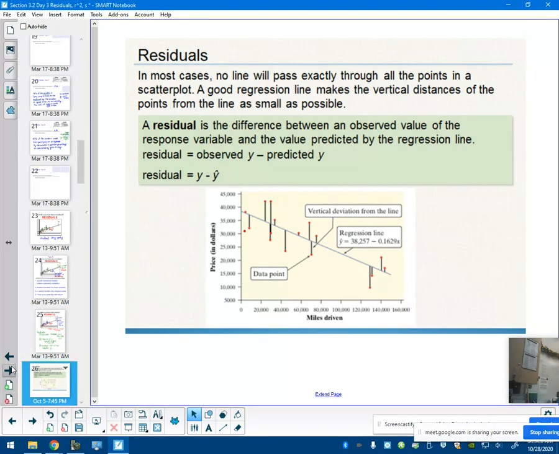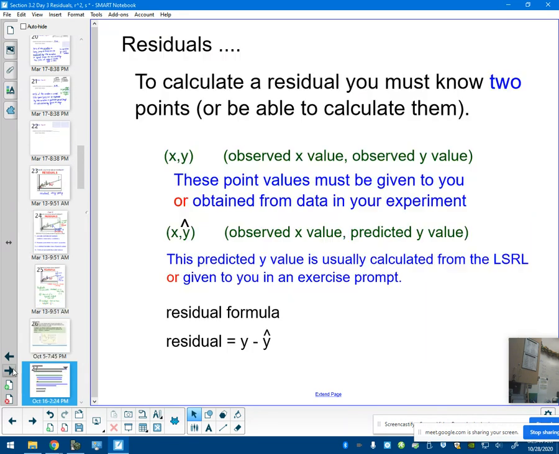So here is the same thing, just electronically, a picture of that. The residual is the y minus the y hat. Remember yesterday we talked about letter values being observed values, hat values being predicted, and bar values representing the averages. And this is at the bottom of page 33. To calculate a residual, you have to know 2 points.